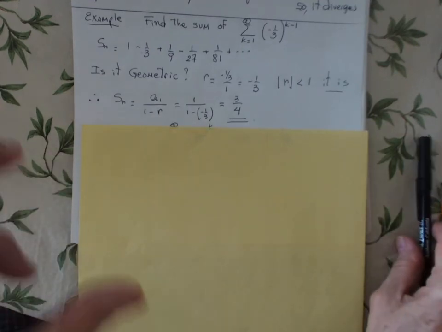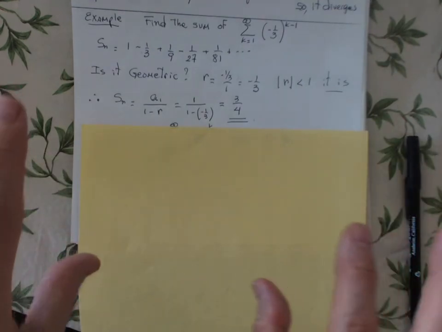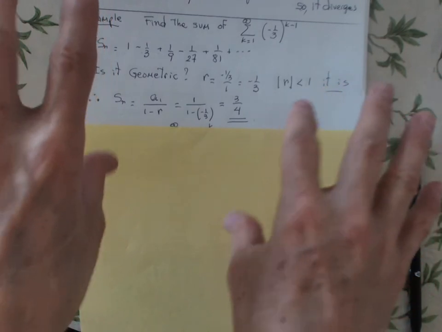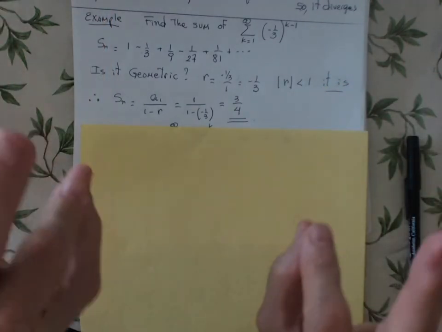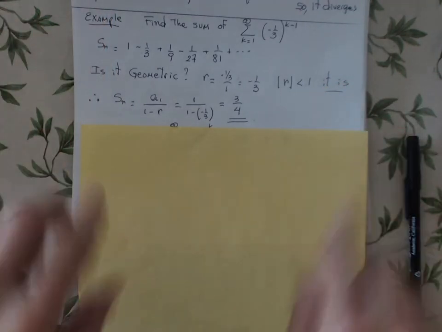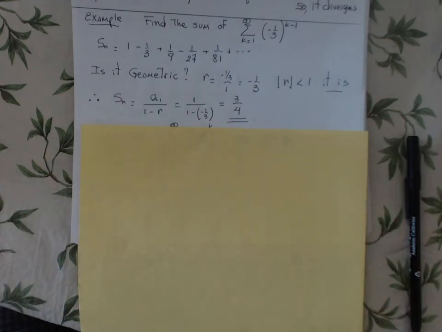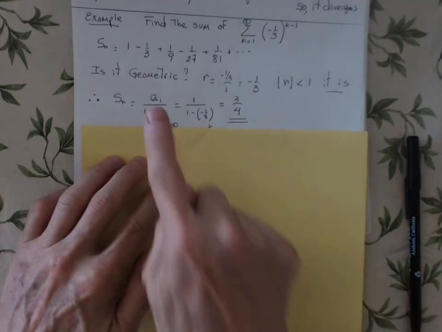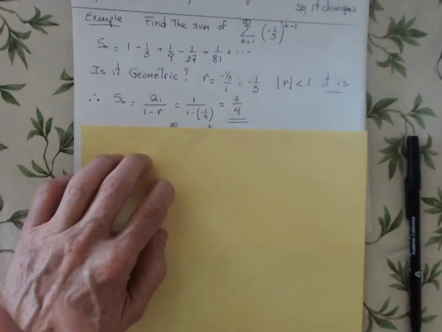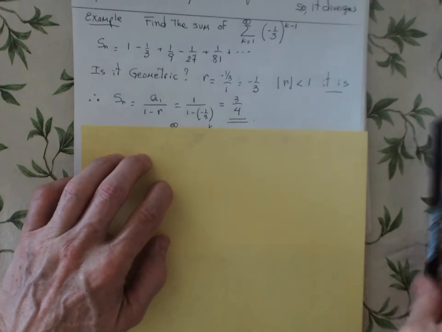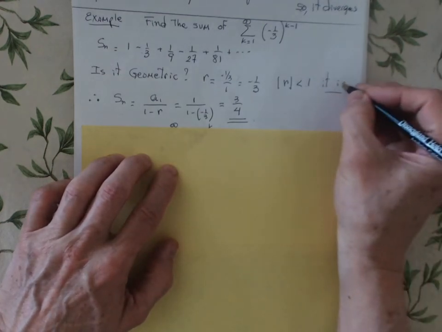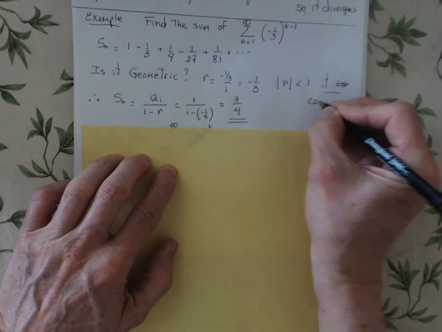So basically, you need to just identify if it is geometric, identify the value of r, identify if the value of r is between 1 and -1. If it is, it converges. You know it's going to have a sum. Use the formula and find the sum. Period. That's all you need. Converges.